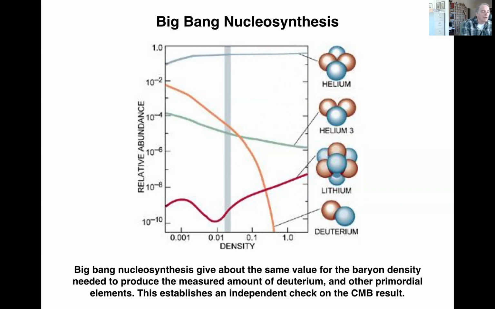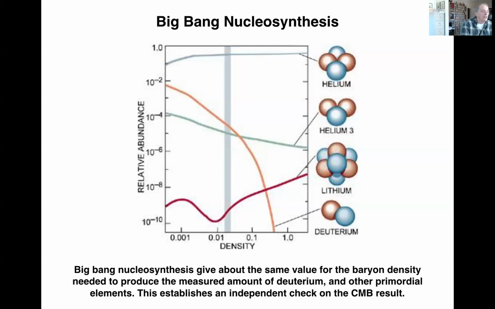You run through these computer calculations, assuming different baryon densities and seeing what you make as the universe cools. When it reaches anywhere from 10 billion to a billion degrees, that's when all this nuclear synthesis takes place. You produce the helium. But the deuterium, you can see, is a very sensitive indicator of the density of baryons in the universe.